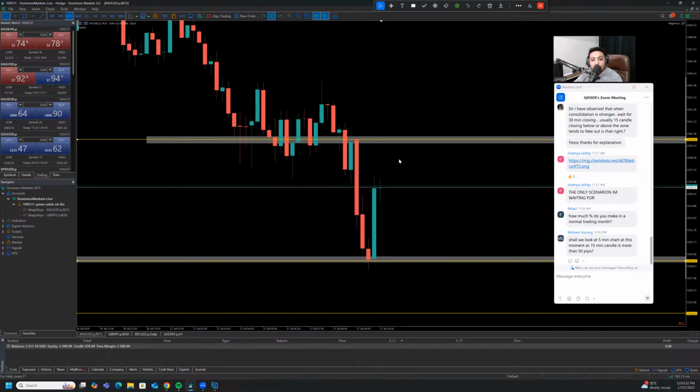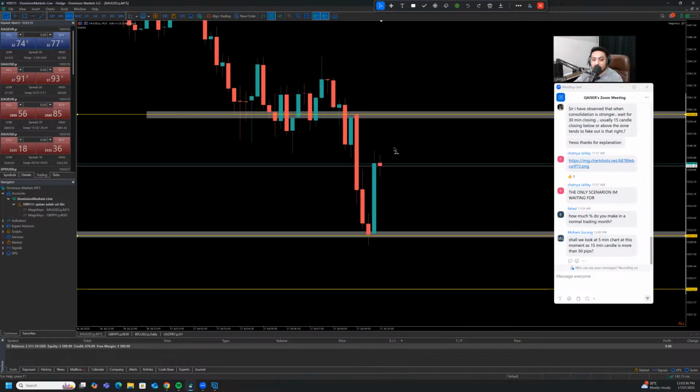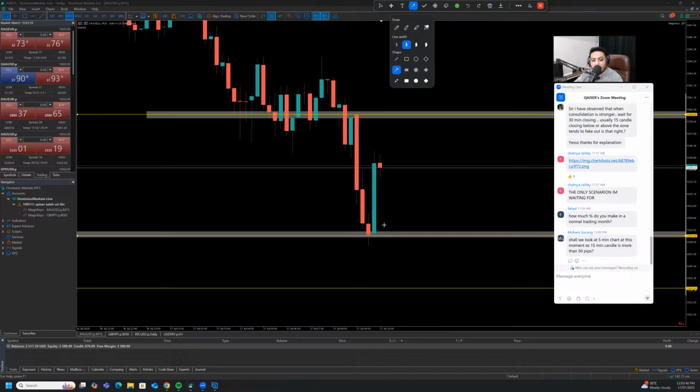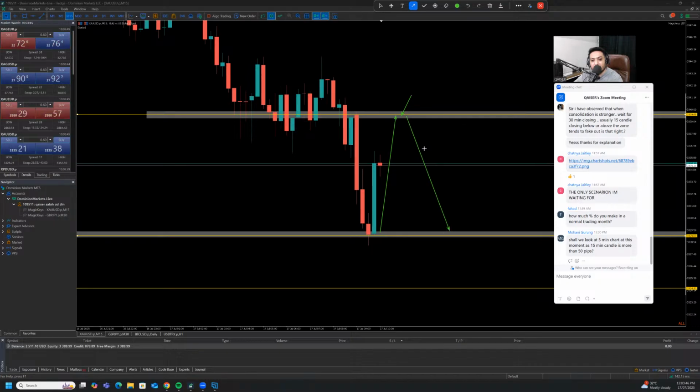So now you need to understand one thing: what structure could be the best one? A candle creates a resistance, and taking sells makes sense, or it will be easy because it can give you clean traffic on the left hand side. This makes sense. Or if you want to take a buy, why force yourself to execute here when there's a lot of rejection on the left hand side?